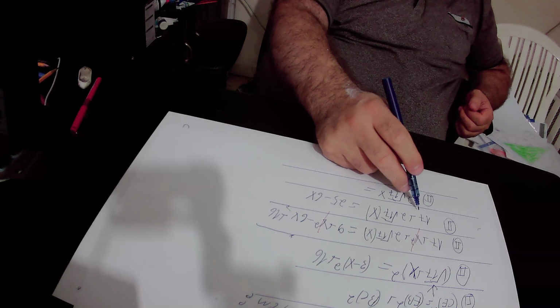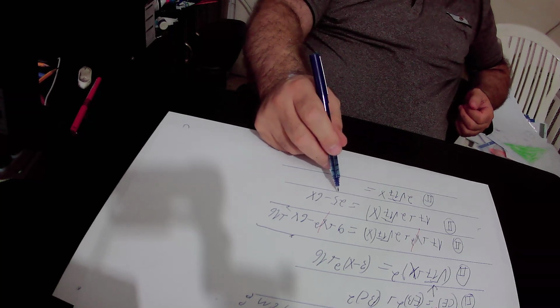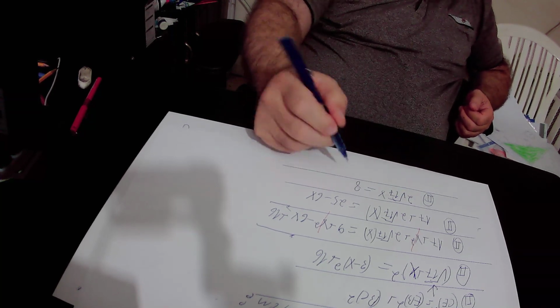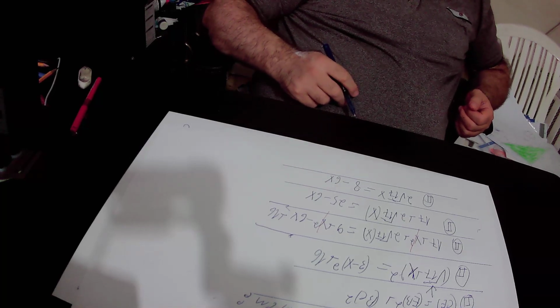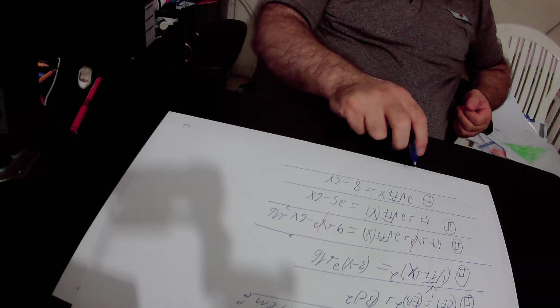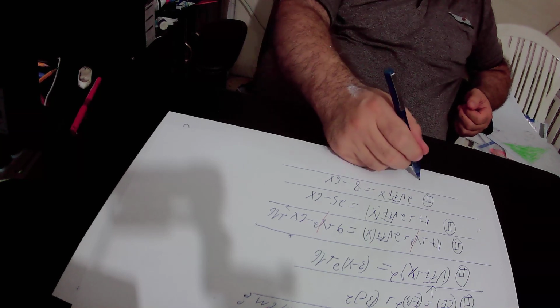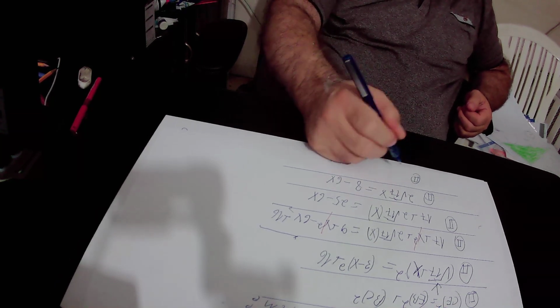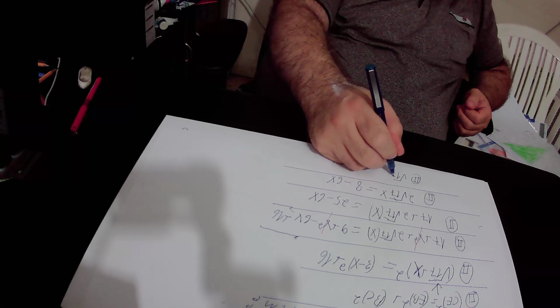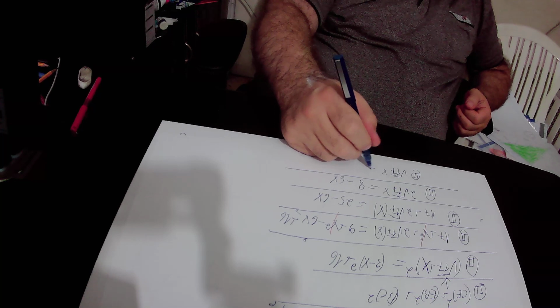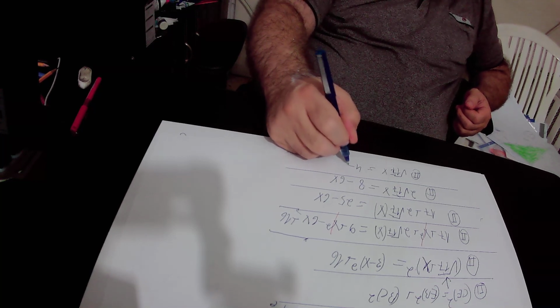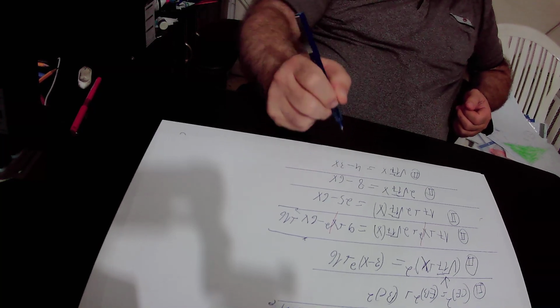Here 17 minus 17 is 0. Here we will divide equation number 2 by 2, and we will get that square root of 17 x equals 4 minus 3x.